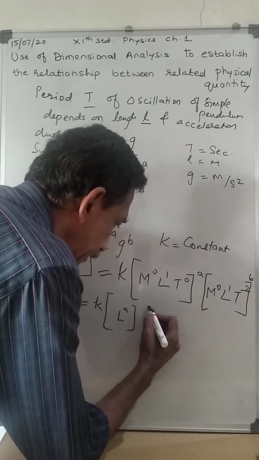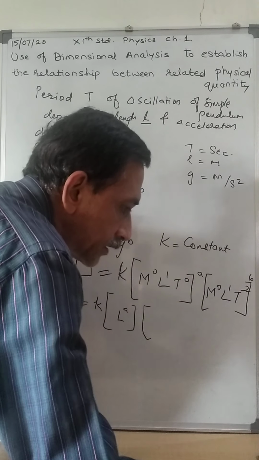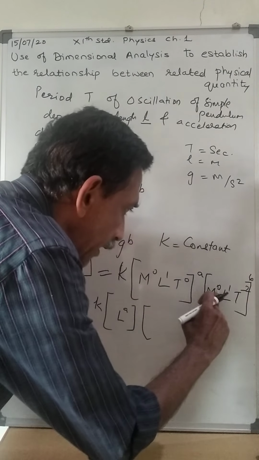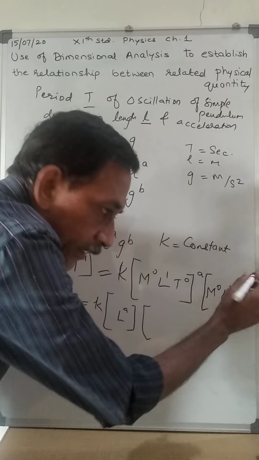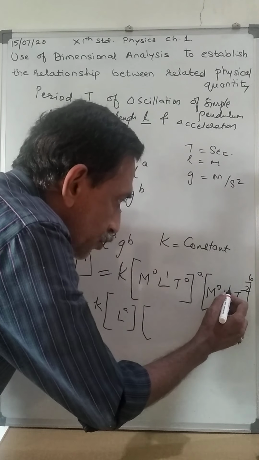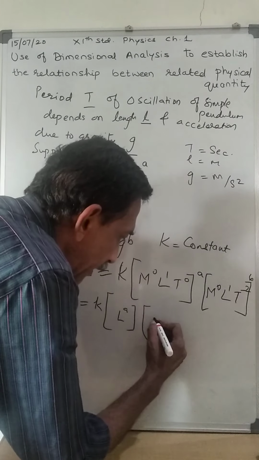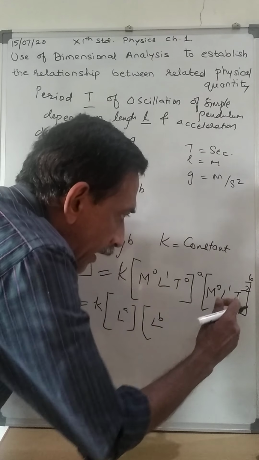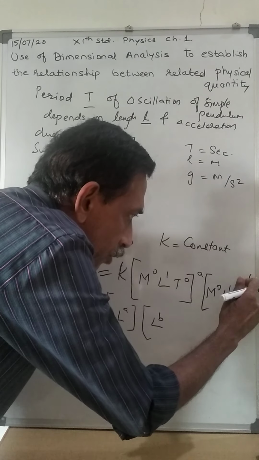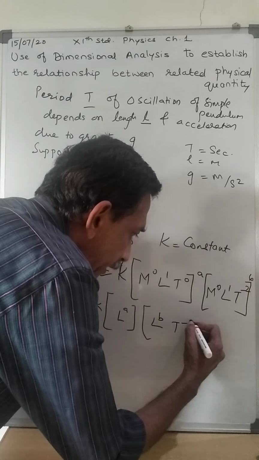Now we go to the second bracket. M raised to 0 is 1, so 1 raised to B is 1. L raised to 1 raised to B is L raised to B, and T raised to -2 into B is T raised to -2B.